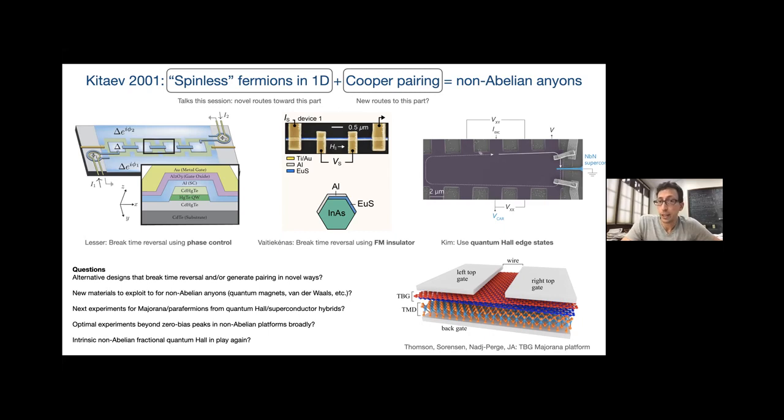The good news is that Stefan Nadj-Perge's group has actually made high quality devices, TBG, twisted bilayer graphene TMD devices using tungsten diselenide. He has directly verified the soaking up of spin orbit coupling into the graphene sheets, while simultaneously maintaining all the richness of the phase diagram. So that's to my mind the least concerning aspect of that geometry.